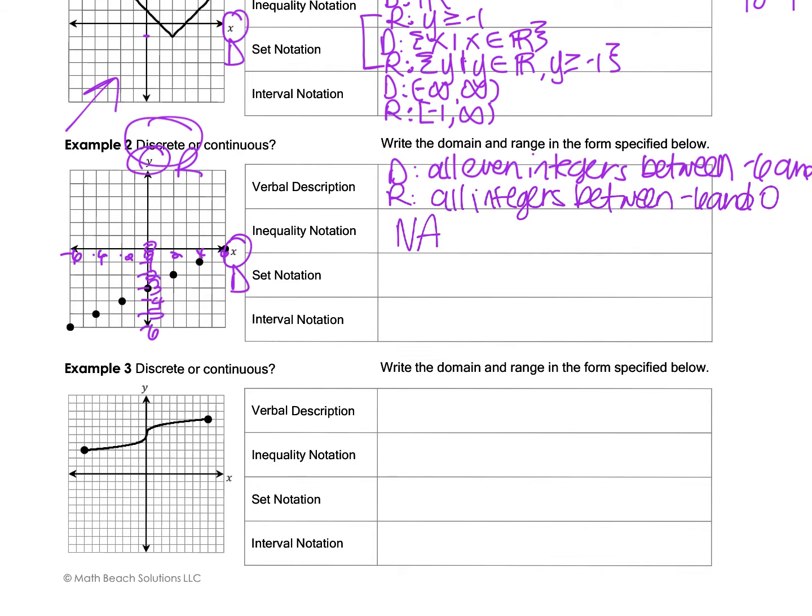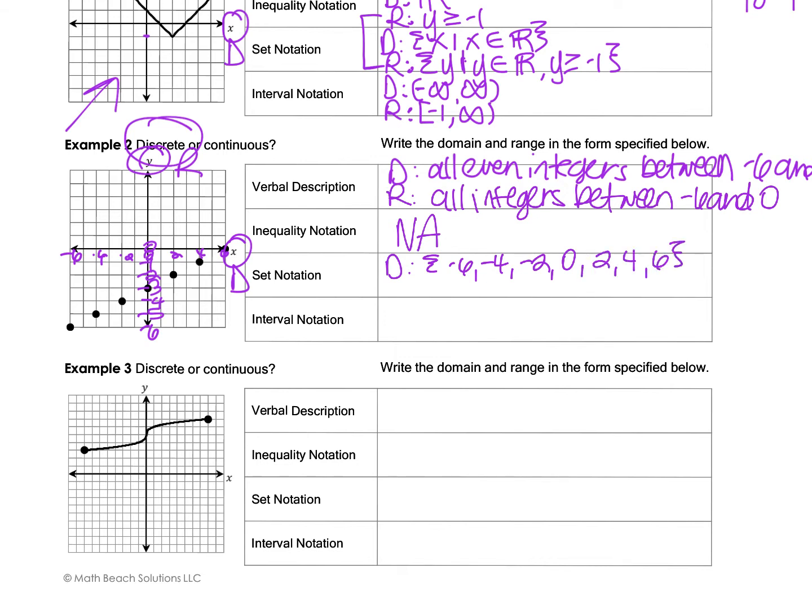Okay, so the set notation, so domain, we're going to use a curly bracket. And on this one, it's much easier than the last one. You don't have to worry about all that notation stuff. We're just listing out those numbers. So our x values are -6, -4, -2, 0, 2, 4, and 6.